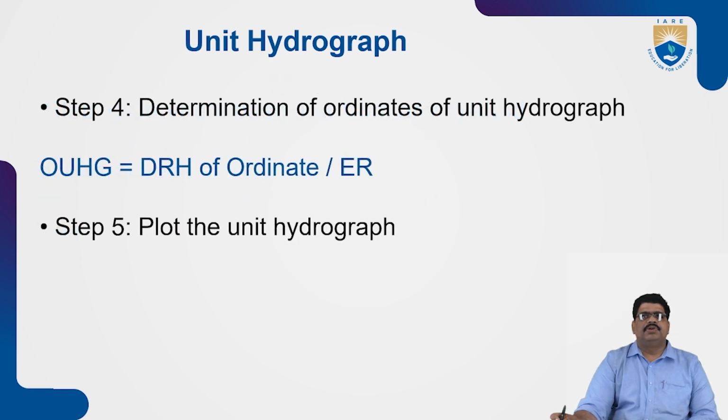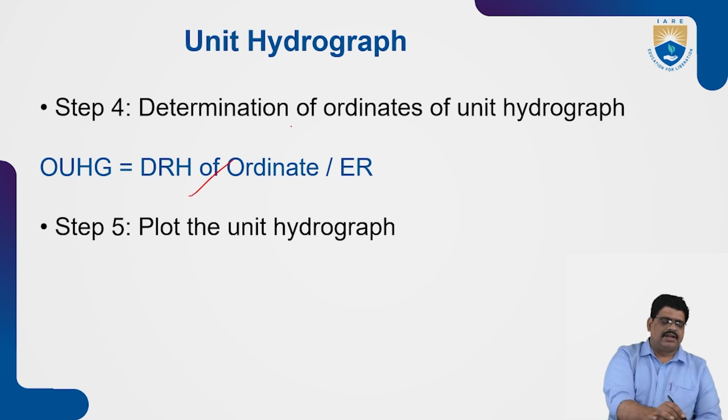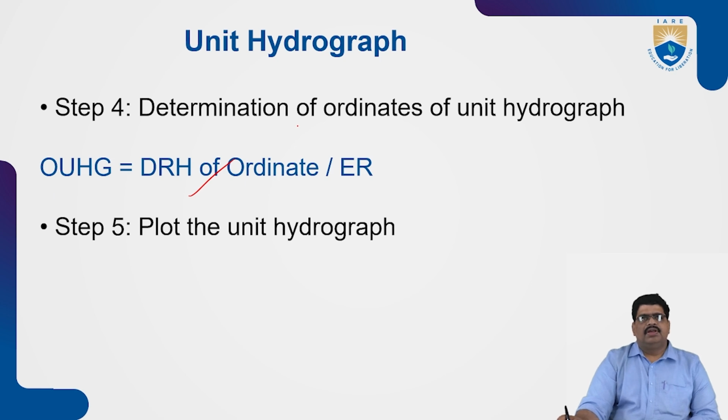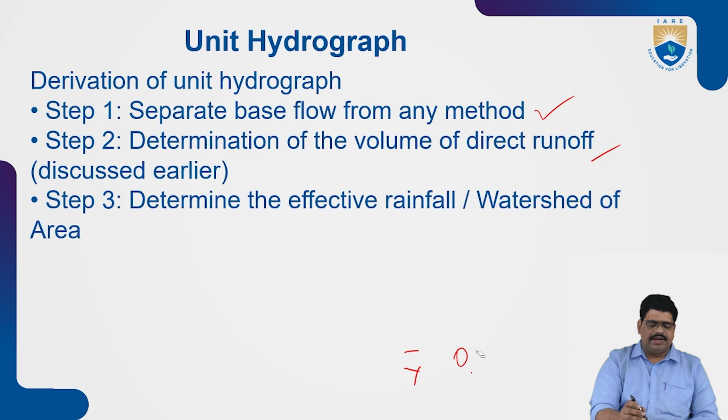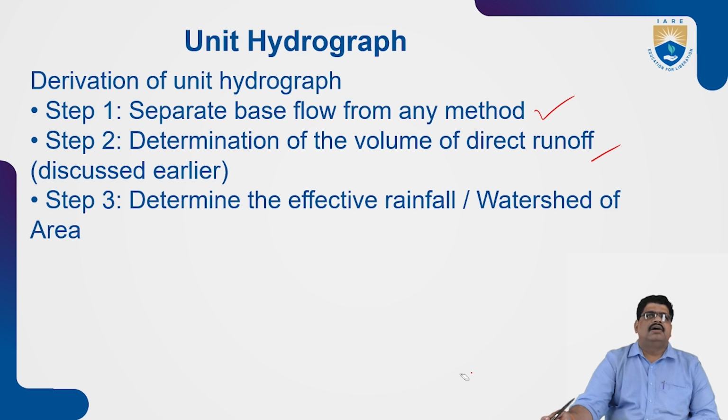And the next step is determination of the ordinates of the unit hydrograph. The ordinates of the unit hydrograph are equal to the ordinates of the direct runoff hydrograph divided by the effective rainfall. So that is how they can plot the unit hydrograph. These are the points you have to remember in the steps to find the unit hydrograph. In the derivation of the unit hydrograph, the first step is to separate the base flow as usual.